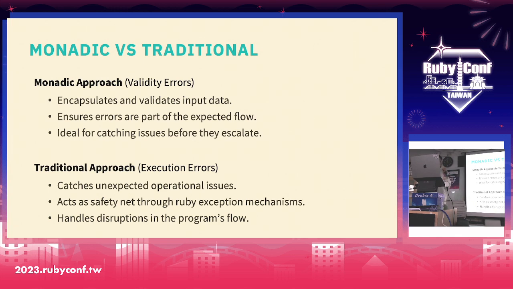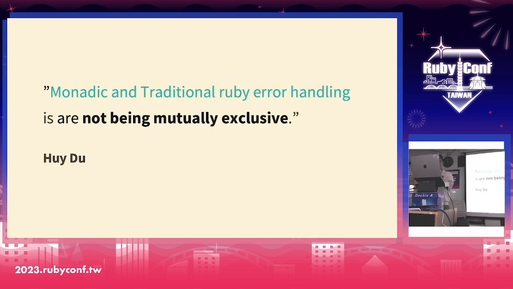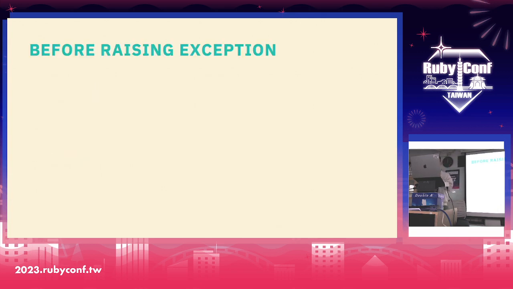And these two approaches are not mutually exclusive. In a talk in Thailand, after I presented this, a developer approached me and asked whether he should forget about the traditional way and just use the monadic way. My answer is that they're not mutually exclusive. We need to tie them together. It's not like you pick just one. Before raising an exception outside of validity, there are three questions we need to ask.